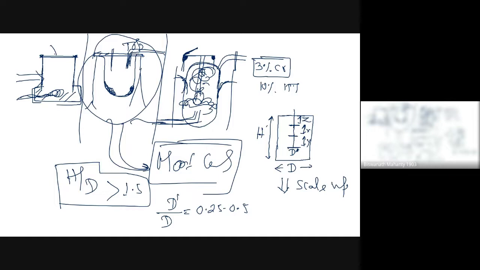The impeller should not be so big; nobody will use that. And when I am using baffles, how many baffles should I have, 1, 2, 3? At what height will these dimensions be? So Z by D, all ratios. I'm not telling you the numbers. All ratios, Z by D or X by Y or D prime by Y, they mostly try to maintain a consistent ratio. These are called bioreactor consistency parameters, or design parameters, or design aspects.